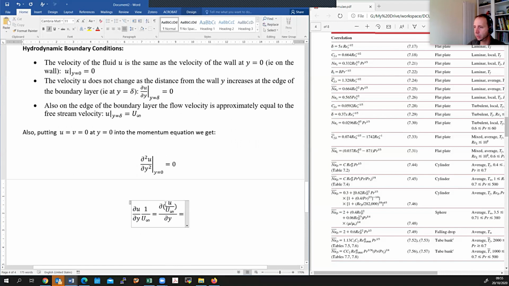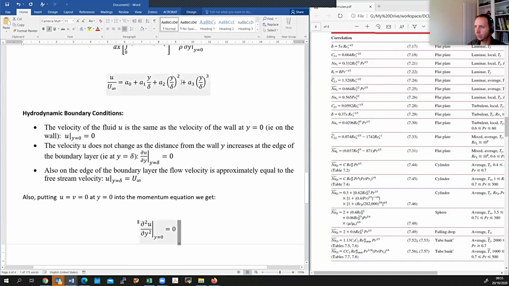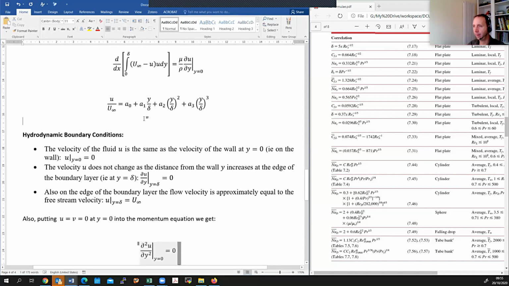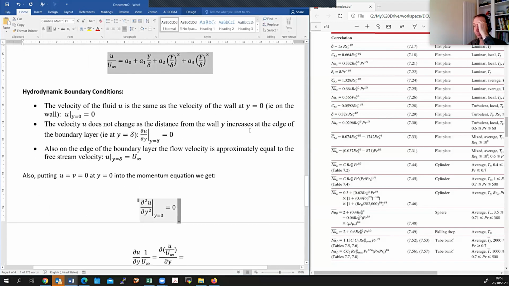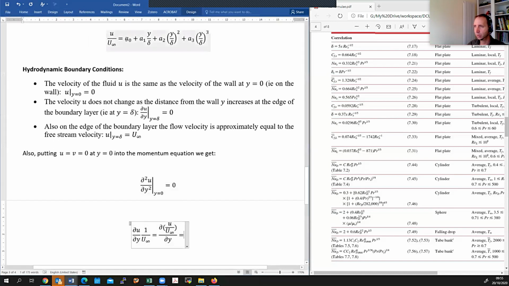And why did I write it in this way? Because this quantity there is defined now in this way. The derivative of this with respect to y is 0 plus a1 plus 2a2 times this plus 3a3 to the power of 2. Just a straightforward derivative.